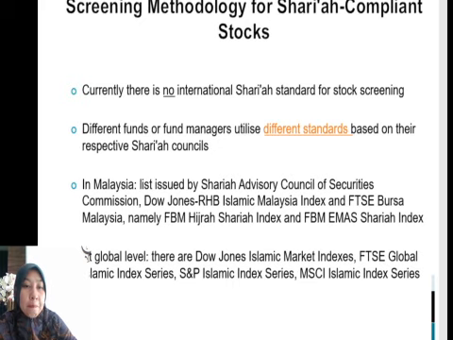And then there are the indexes, namely FBM Hijrah Sharia Index and FBM Emas Sharia Index. At the global level, there are Dow Jones Islamic Market Index and FTSE Global Islamic Index Series. So these are all the indexes for Sharia stock.